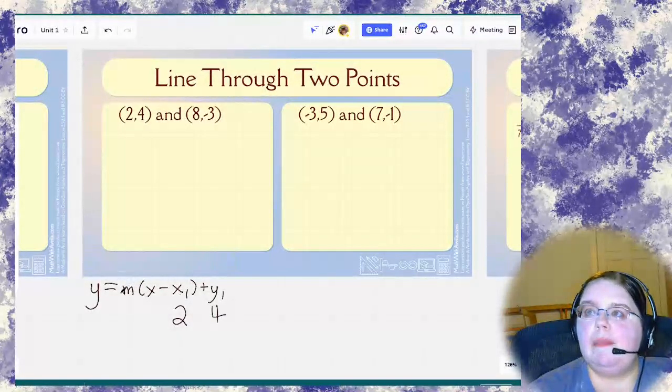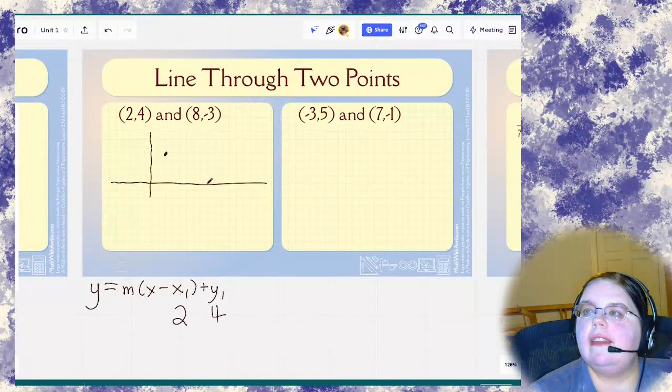Now what about m, the slope? Well, let's see, if we've got a point at (2, 4), I'll let that be my origin, and we've got another point at (8, -3). I see our slope will be negative because we've got a decreasing function.